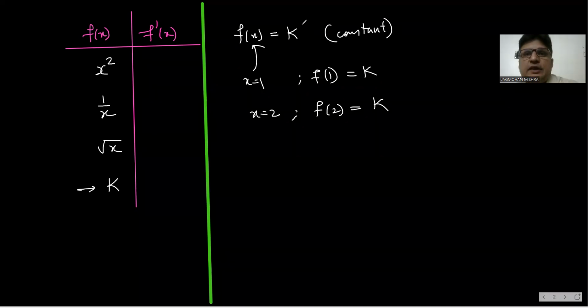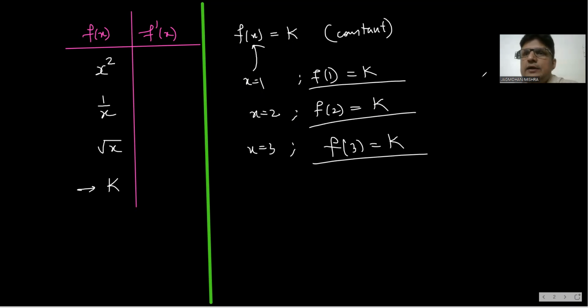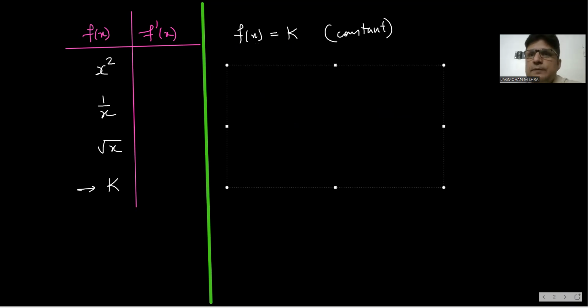There is no x here, so if you are changing x, there will be no change here. If you put x as 3, f of 3 will also remain k. Always k. So students, we have a function of x which is a constant function.